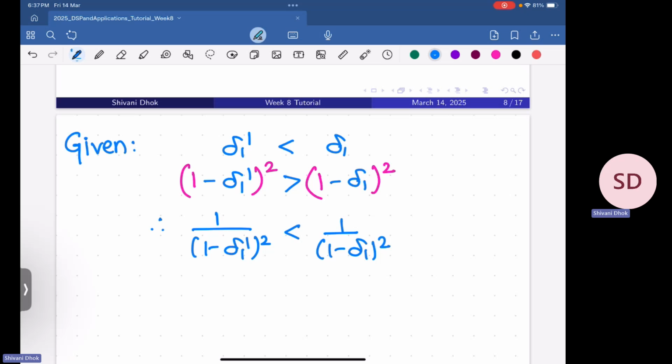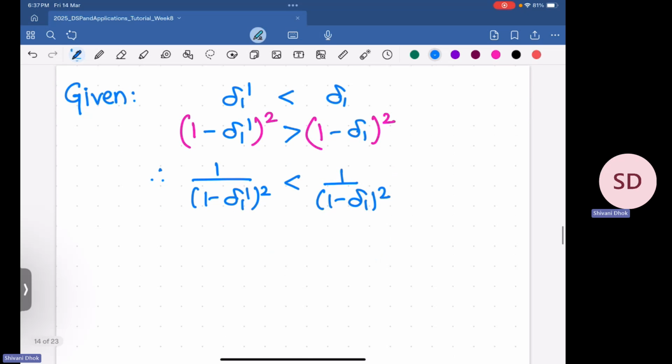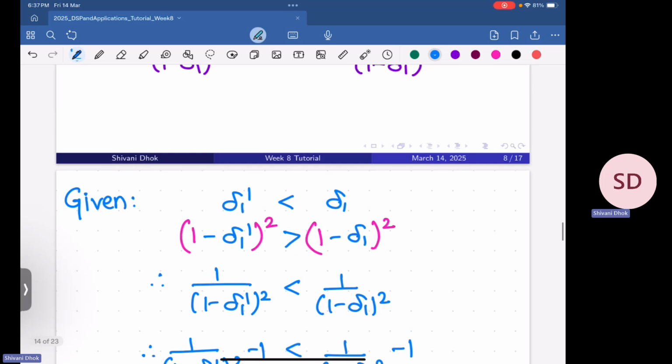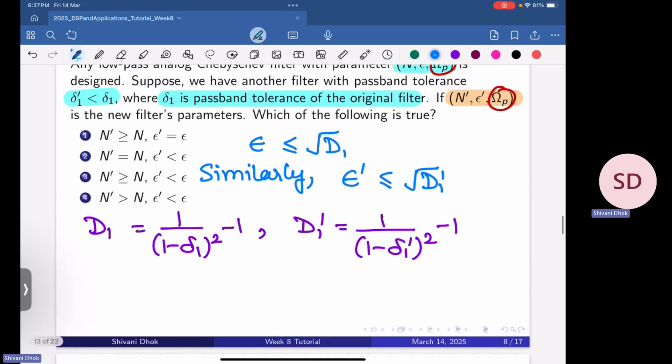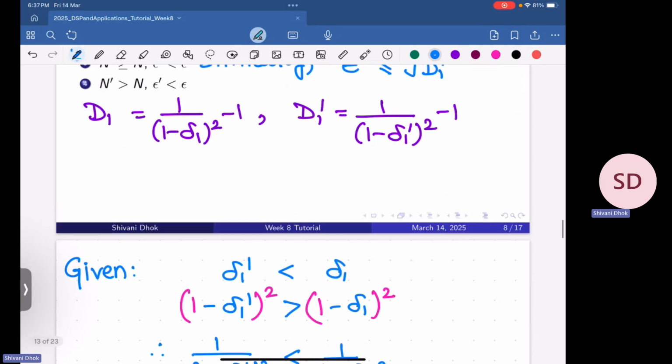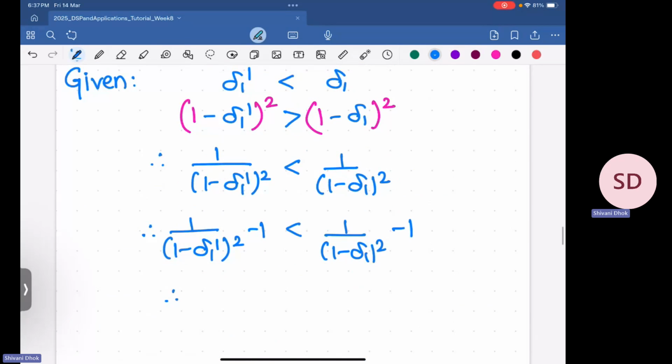Now if I subtract 1 on both sides, I get 1 upon (1 minus delta 1 prime) square minus 1 is less than 1 upon (1 minus delta 1) square minus 1. But this is basically d1 prime. Therefore d1 prime is less than d1.